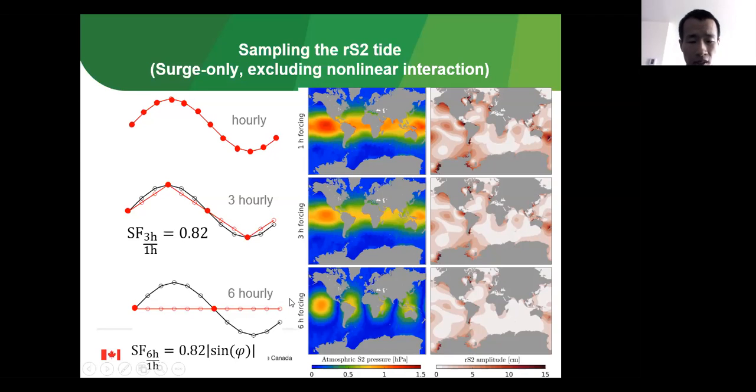For example, if you pick up the nodes, then you will get nothing. Lastly, I want to mention that in this case, we exclude the nonlinear interactions associated with the RS2 tide, which will be discussed in the next section.